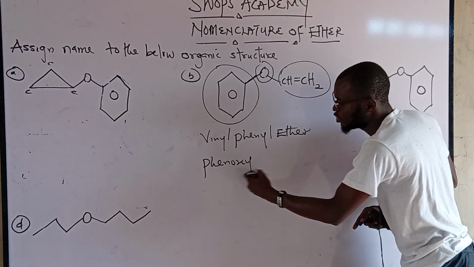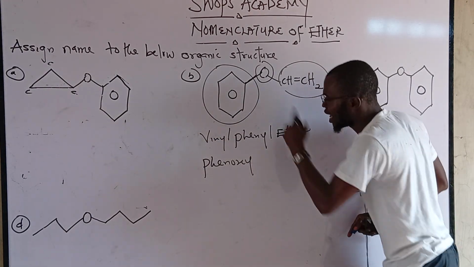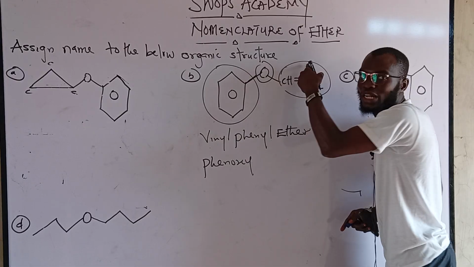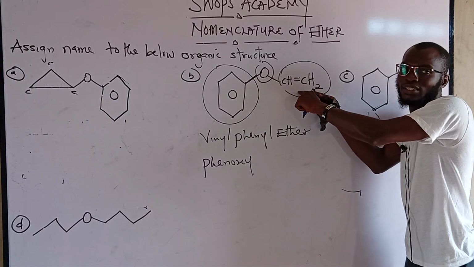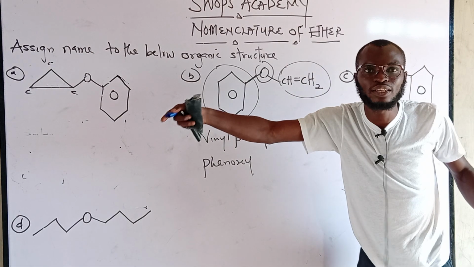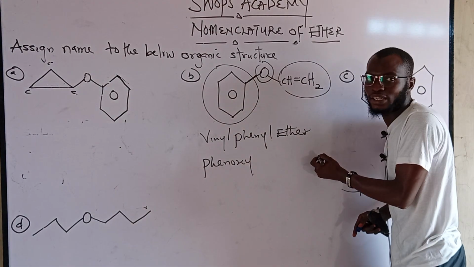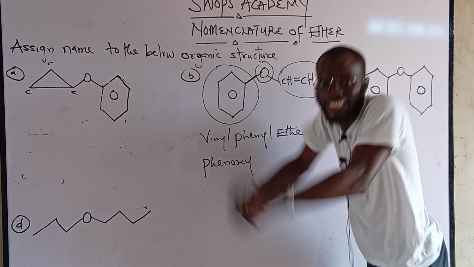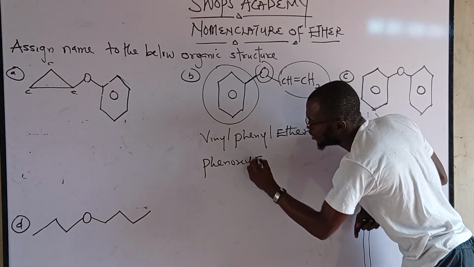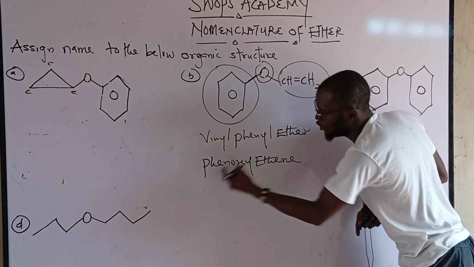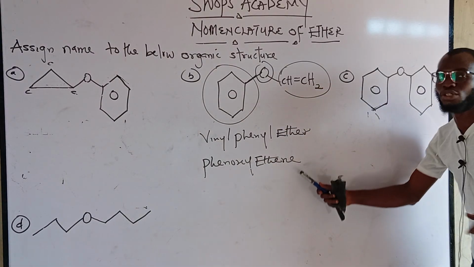It will now be phenoxy, with the ether now in the middle. Then this one will now be what? This is vinyl. From where do we deduce vinyl? Is it not from ethene, C2H4? So then you won't write vinyl again. You will now replace it with ethene, which is the parent name. It will be phenoxyethene. That is the substitutive way.